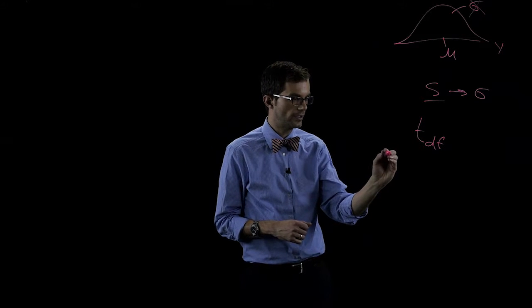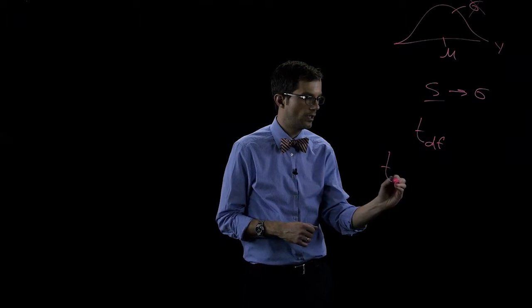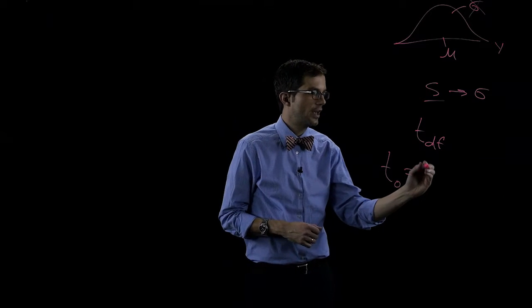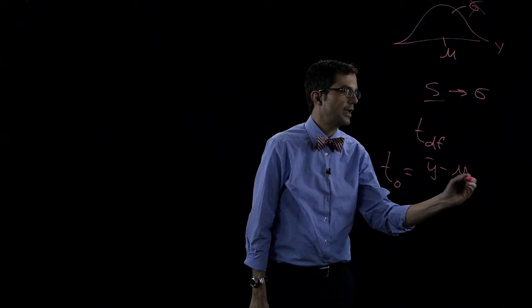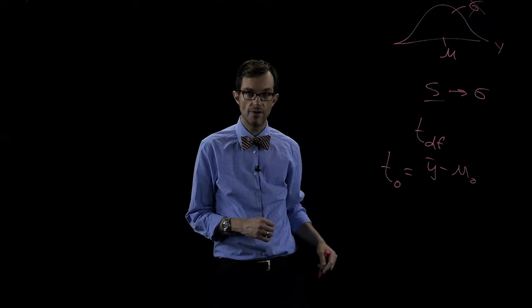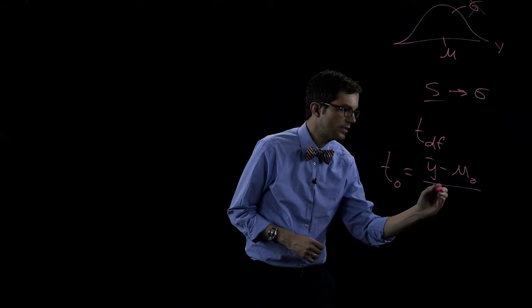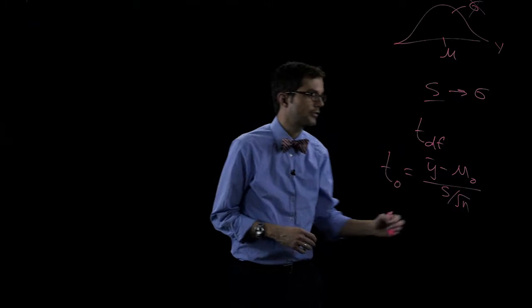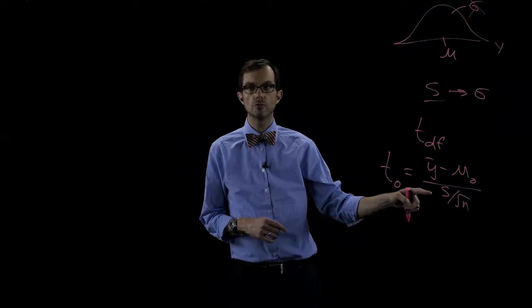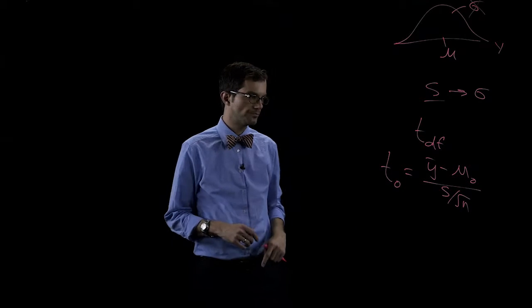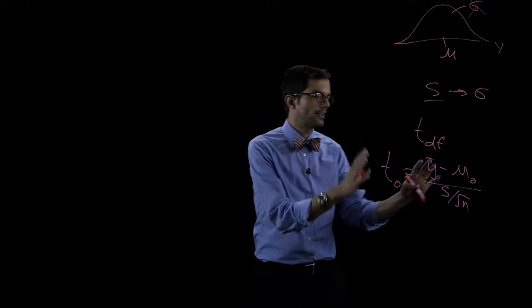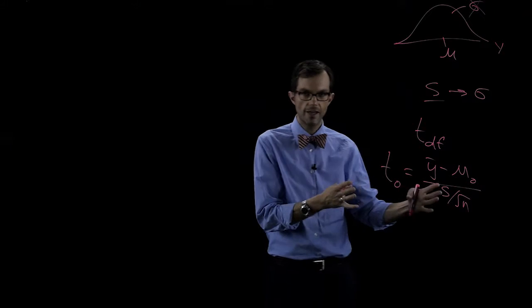So our test statistic, t naught, is how different is y bar from the hypothesized value in standard deviation units, where standard deviation here is measured with S. Okay, we don't know sigma. We're using S in place of sigma. So again, let's recap what we know about this test statistic.